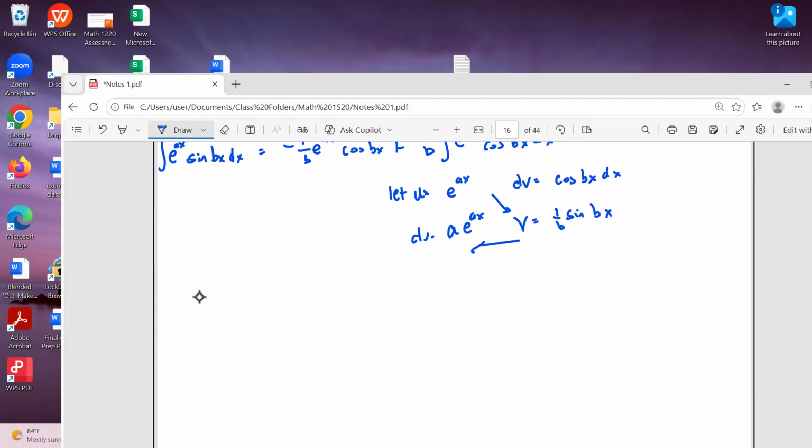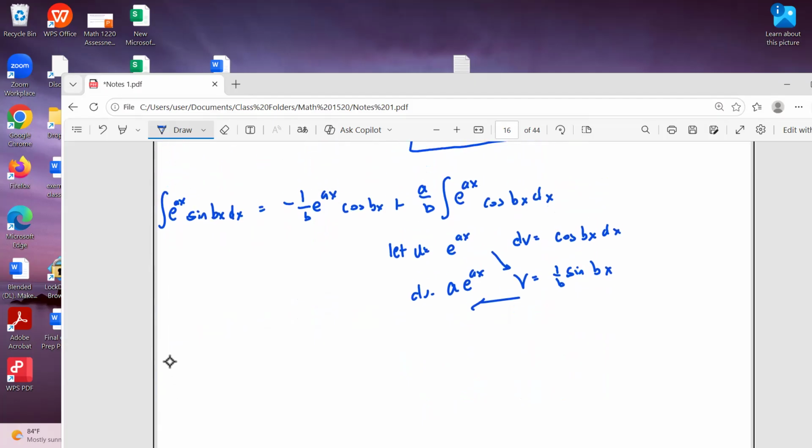Okay, so again, I'm just going to write down what I have up above because I don't want to lose it. We have the integral of e to the ax sine of bx is equal to negative 1 over b e to the ax cosine of bx plus a over b. And now I'm integrating this piece right here.